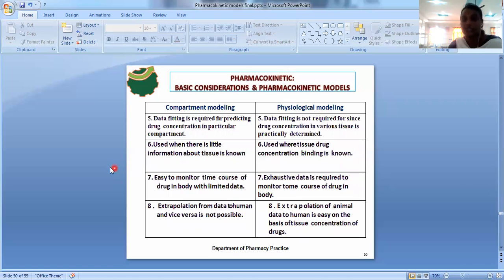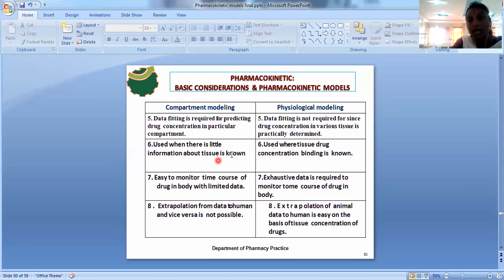But in the physiological model, data fitting will not be required since the drug concentration in the various tissues is practically determined. Here it is used when little information about the tissue is enough. You are not considering the tissue volume, tissue blood flow, permeability characteristics, perfusion rate, nothing. Little information is enough, whether it's a highly perfused tissue or poorly perfused.